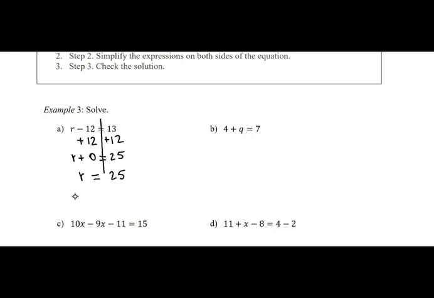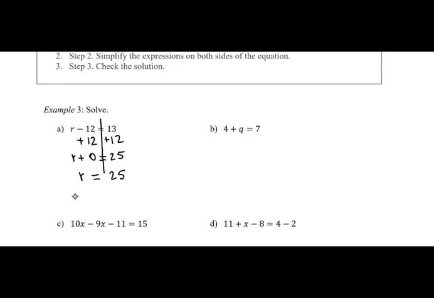Okay. So again, let's summarize what we did here. Because we were taking 12 from the r, I used the addition property of equality and added 12 to both sides to cancel out the negative 12 on the left side of the equation.